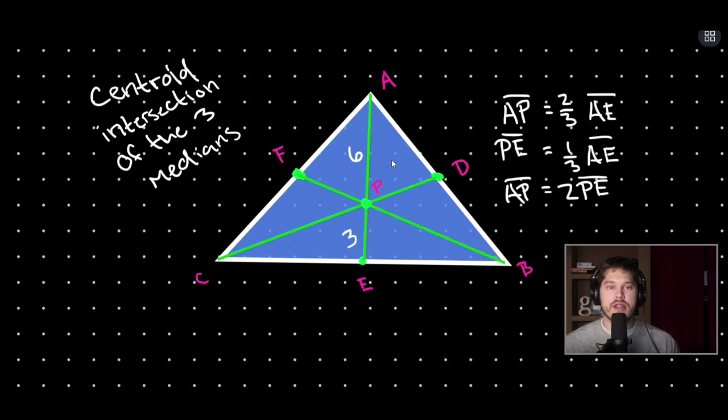And this relationship holds no matter what endpoint we come from. So if PD was 4, then what would CP have to be? If you said 8, you got it perfectly right. CP would have to be a value of 8. So there is your relationship for centroids.